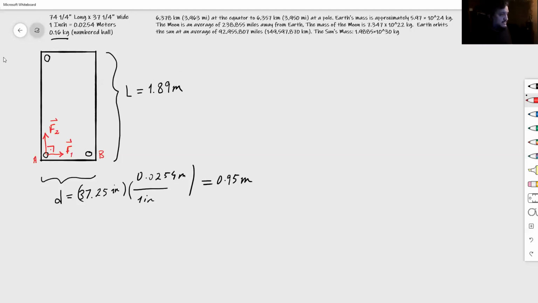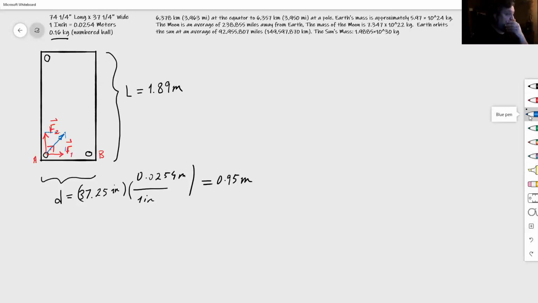All right, so let's start with the sum of F2 and F1, which will be, complete this to a rectangle. It's in this general direction, okay? It looks like 45 degrees, but it doesn't have to be, of course.